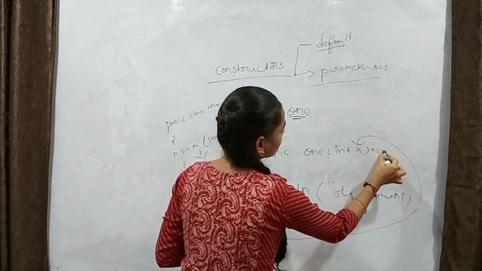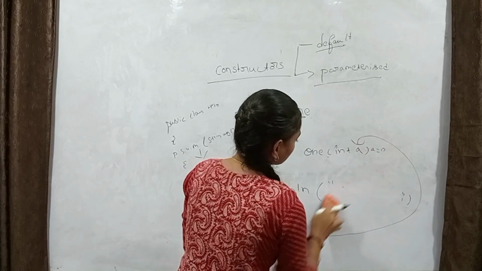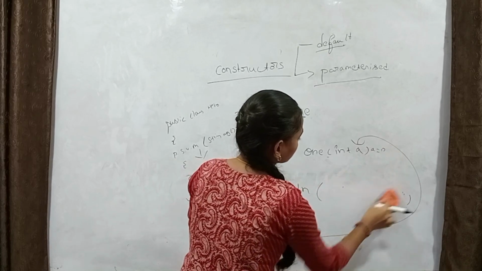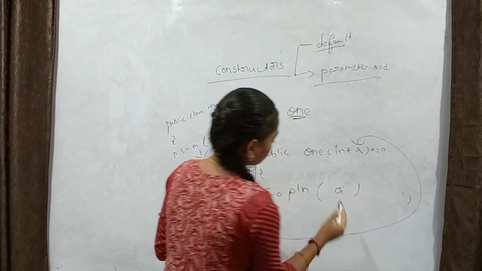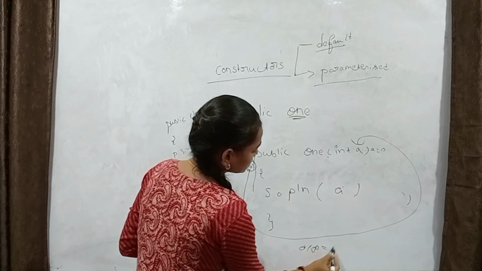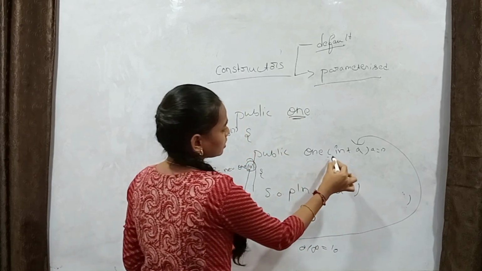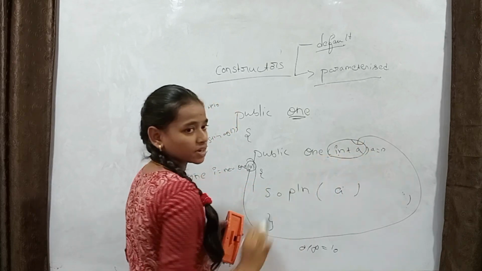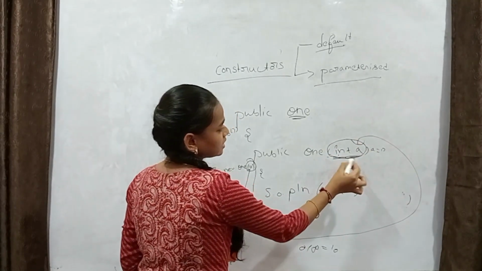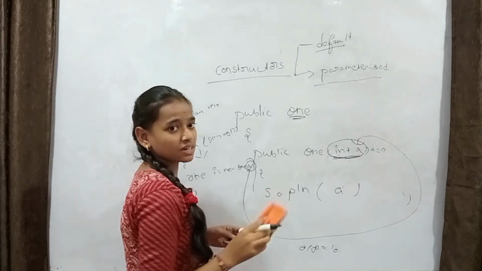So here a is equal to 10. If I print this a, it will give us the output 10. So here it has a specific number of parameters, here a parameter int a. So this is called a parameterized constructor.